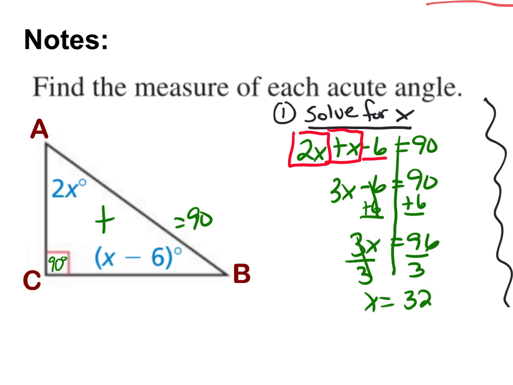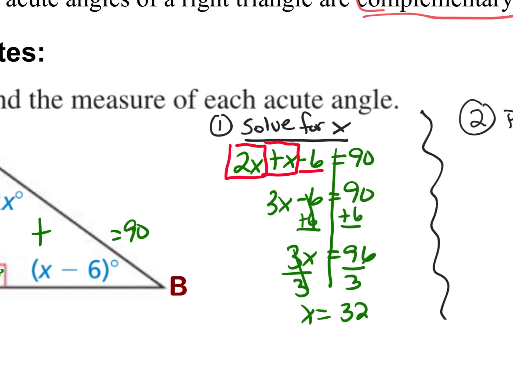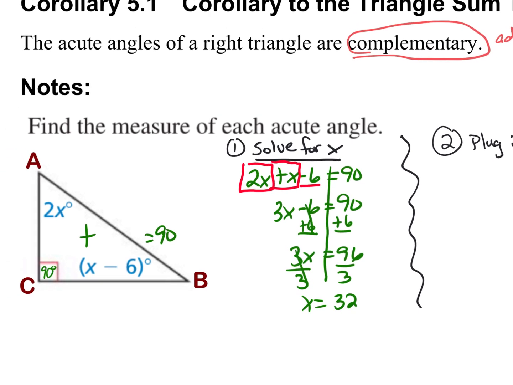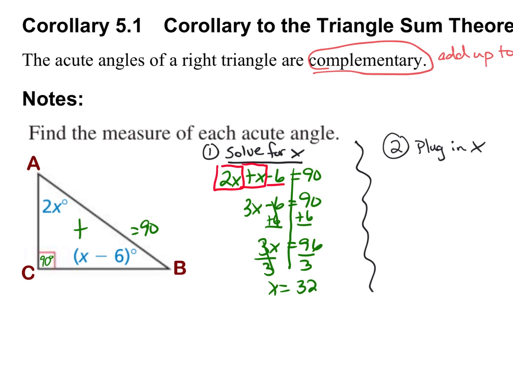All right, it wants to find the measure of each acute angle. So when I look here, I have two acute angles. I have 2x and I have x minus 6. So I'm going to solve for 2x, then I'm going to solve for x minus 6. I need the measures of both of those angles. So we're going to plug in.